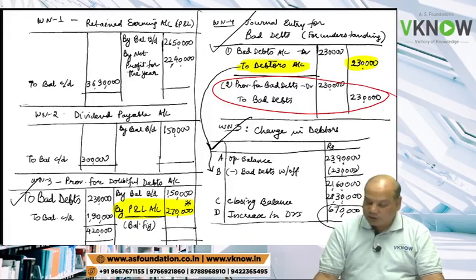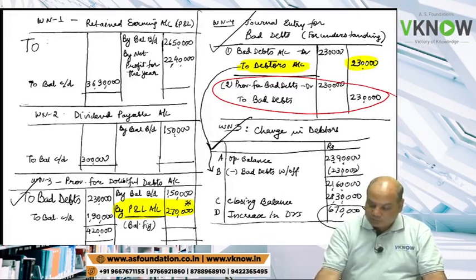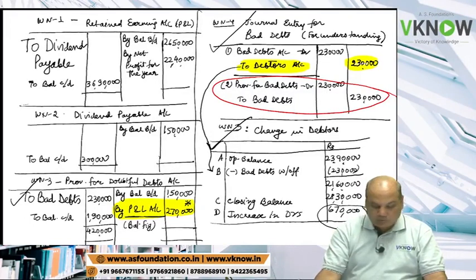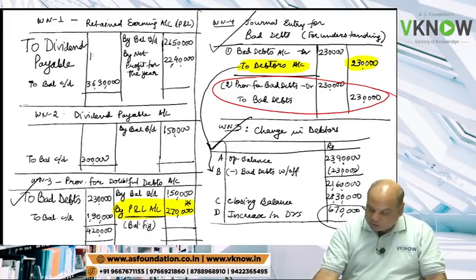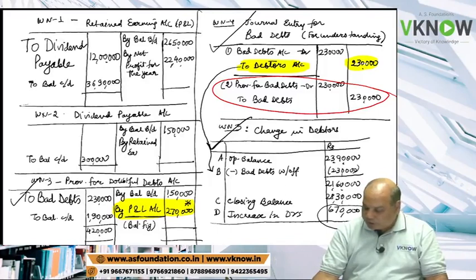Working note 1, on the debit side: retained earning account debit side to dividend payable account 12 lakh, and dividend payable account credit side by retained earning account 12 lakh.